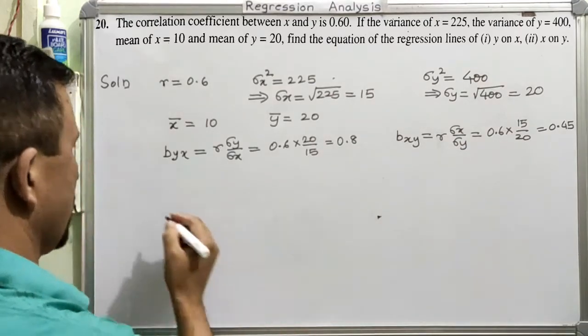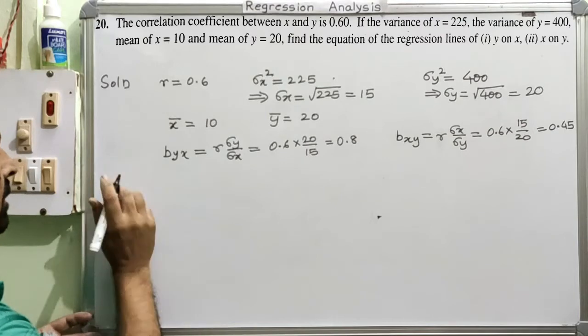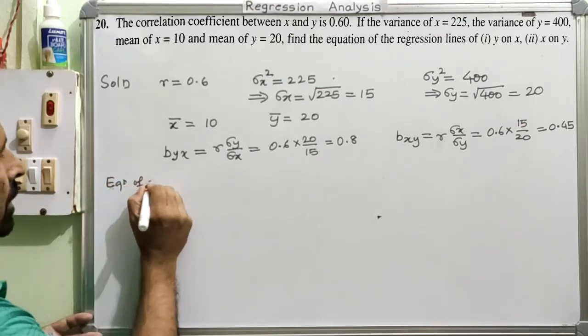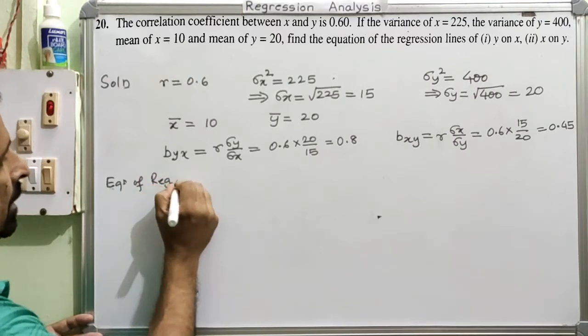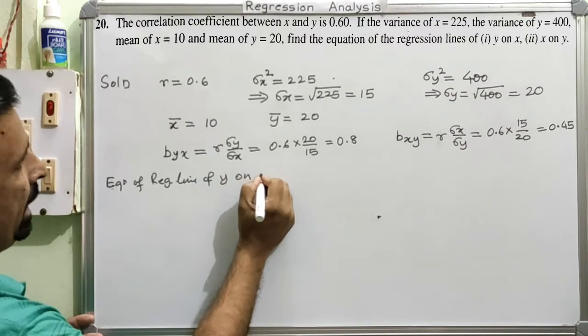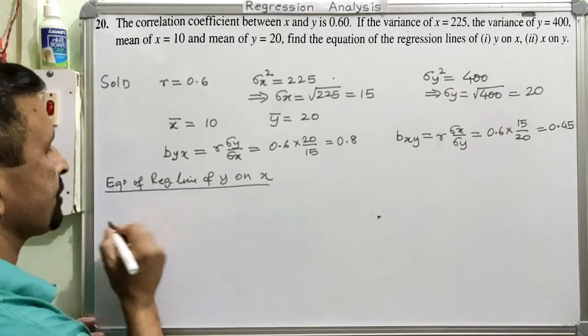Very simple now. We are going to write down the equation of regression line of y on x. First of all, we are going to calculate this. Is it alright?